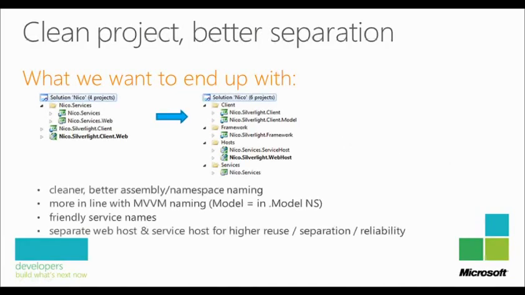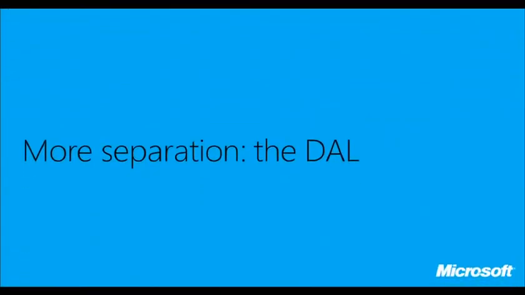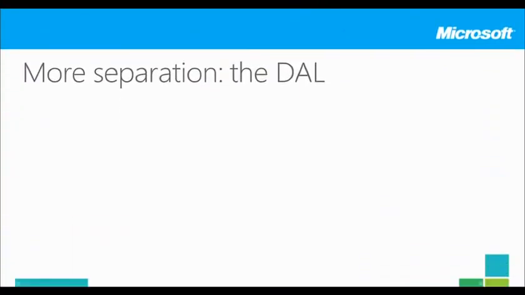So this is what we've got until now. And this offers us a few advantages, as I've already told you about. But we can go even one step beyond this. We can separate out the DAL with a few tricks, actually, but it can be done.